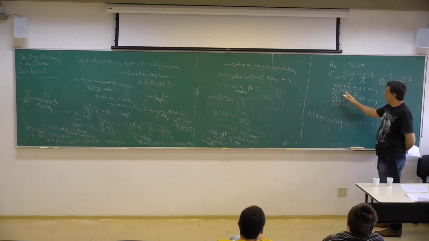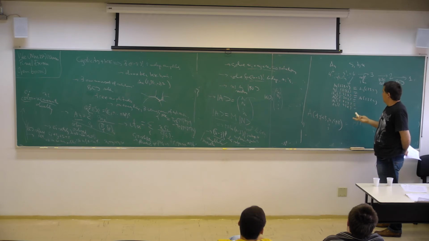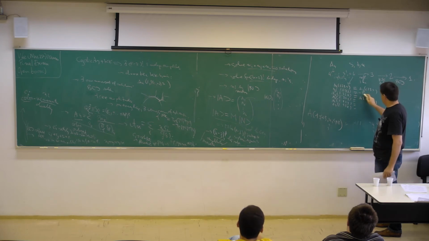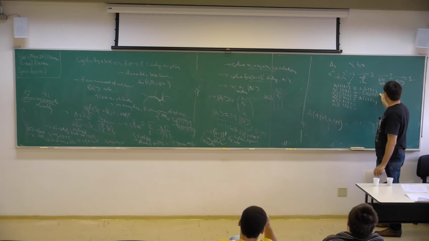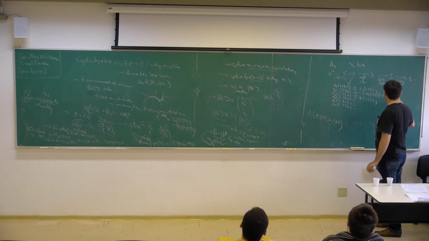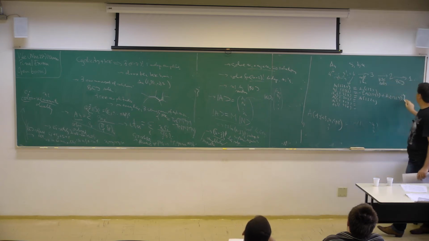Well, the order inside alpha and beta are just one label each, so there's no constraint on the permutations. So the only possibility then is, there was a minus here, to sum A4 1 2 3 and the other one, A4 1 4 3 2. Okay?